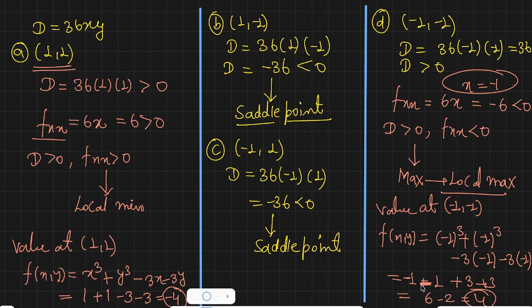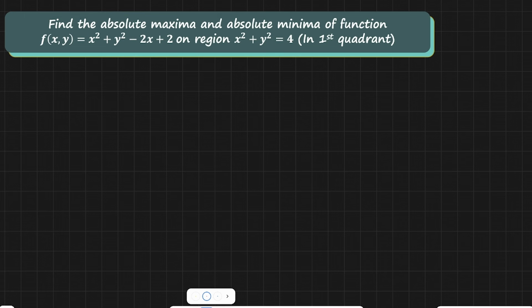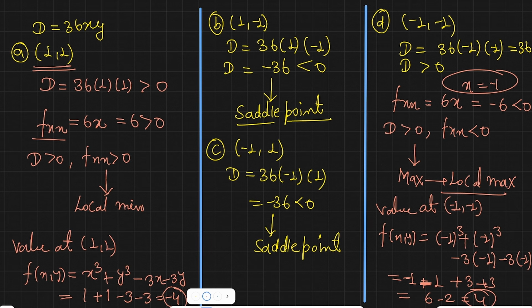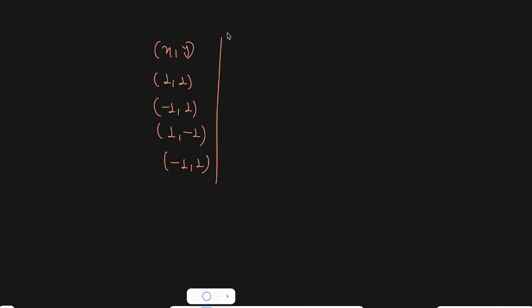So this is the maximum value and this is the minimum value. From here, what is the conclusion? Now you can make a table like this. The points (x, y) are (1, 1), (minus 1, 1), (1, minus 1) and (minus 1, minus 1), with their nature and value.